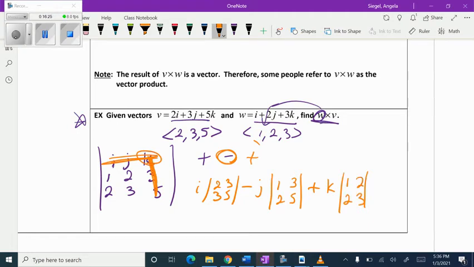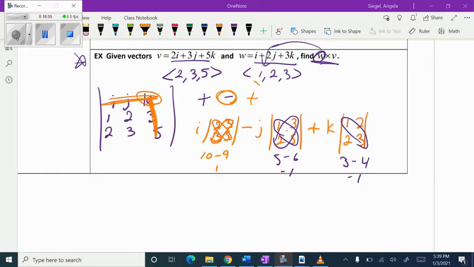To find the determinant, everyone should have had a basic 2x2 determinant. But if you have forgotten, we take this and multiply those together. So 10 minus the product of this, 9, which is 1. Then 5 minus 6, which is -1, and 3 minus 4, which is -1.